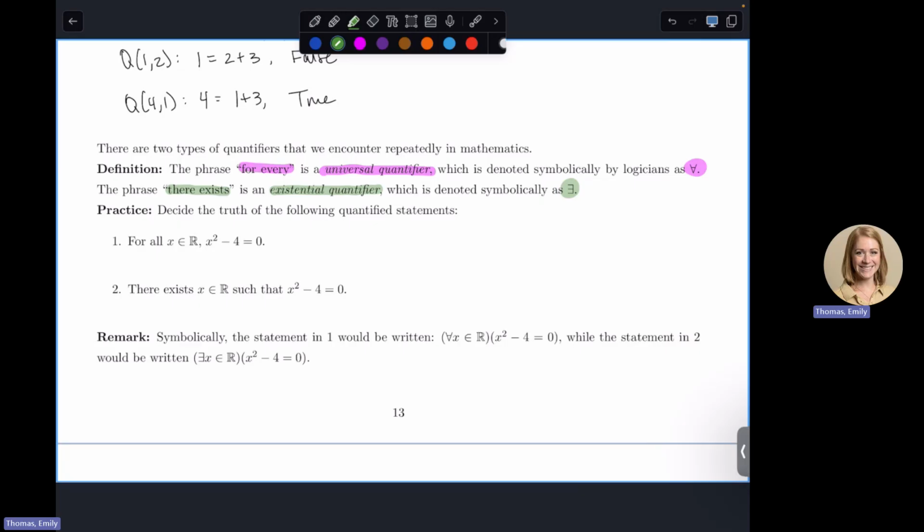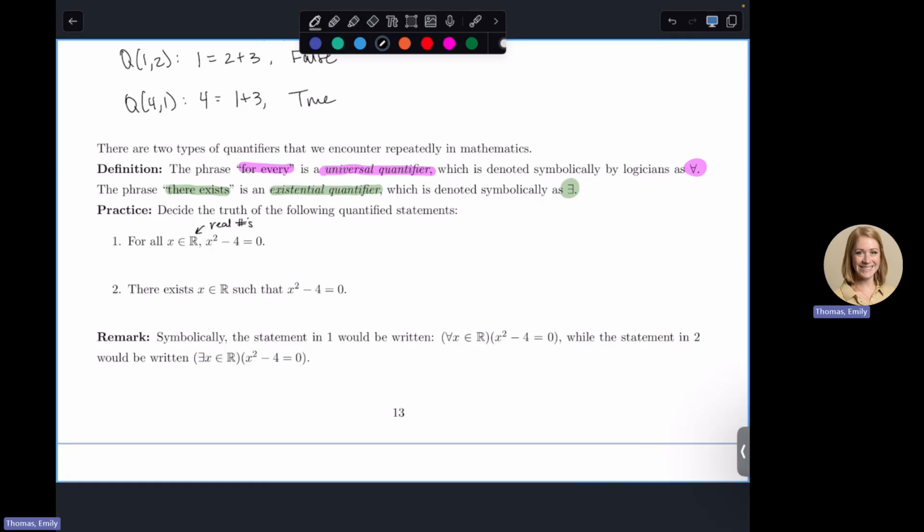We good? What we're going to do right now is decide if these are true, and then we'll move on. So for all x in R, do you know what that big R is? That's the real numbers. This is a blackboard bold R. So for all real numbers, x squared minus 4 equals 0.